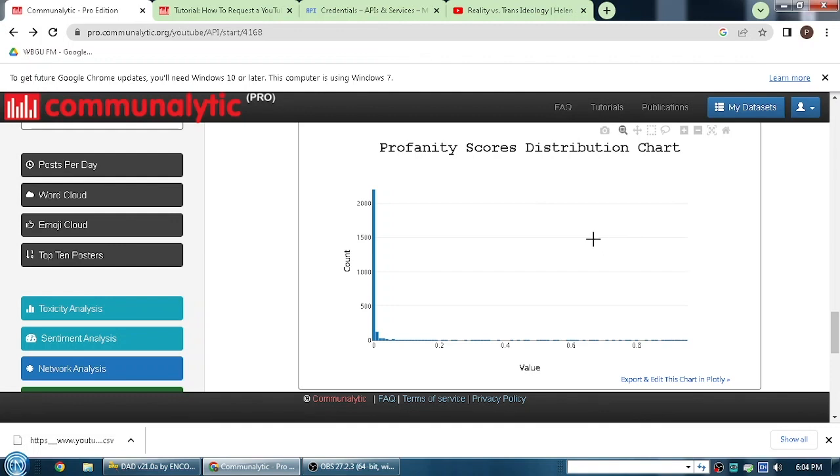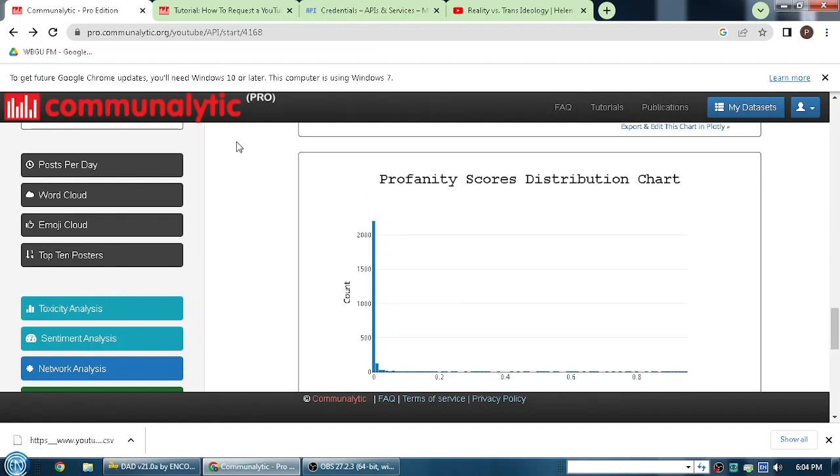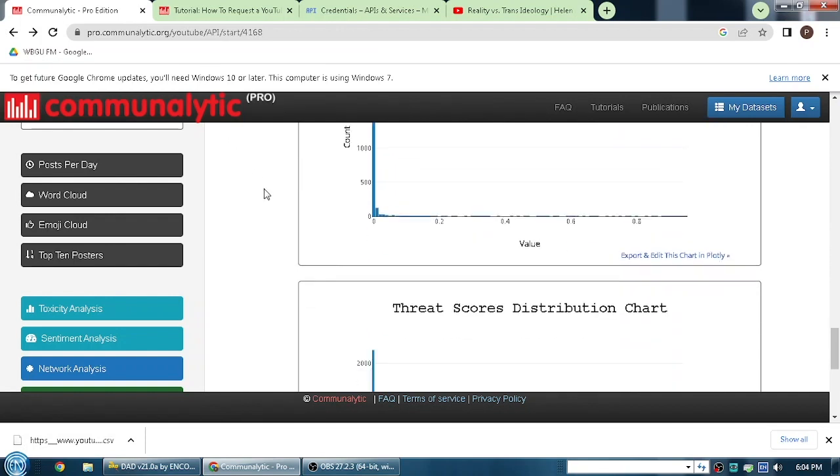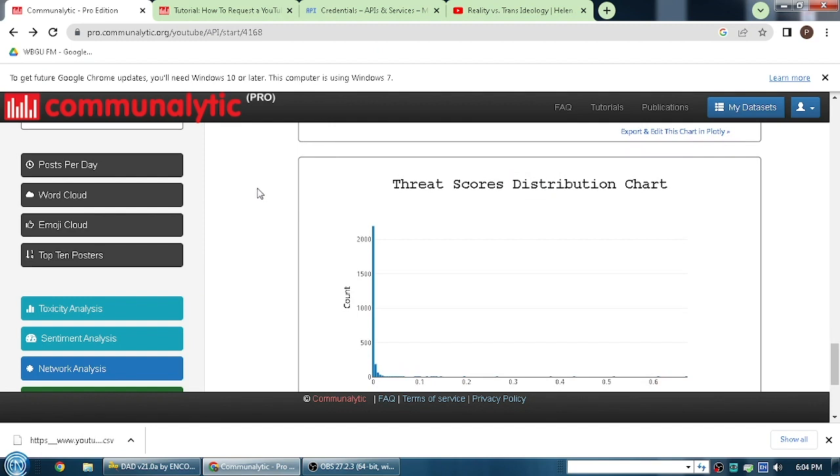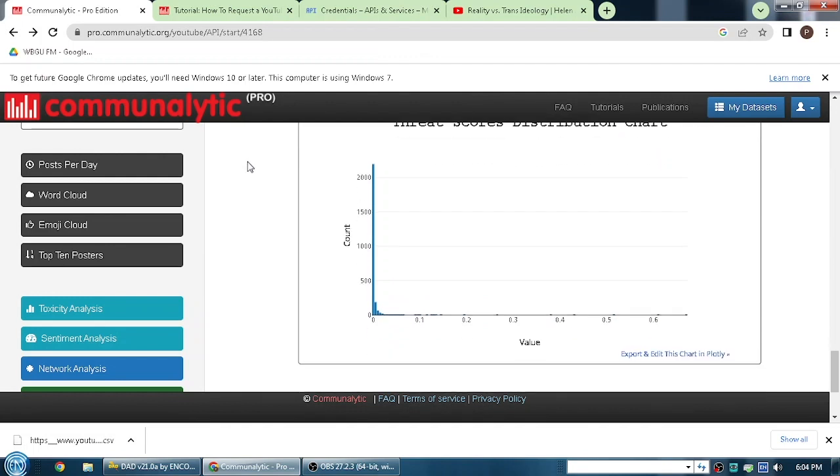Yes, these are all assumptions, but Communalytic is not giving us demographic information about the individuals. It's just giving us the information that is found within the comments. So I wonder if there is some way to mix both of those pieces of information, and that would be really useful, I think.